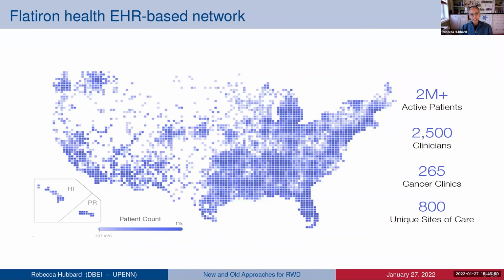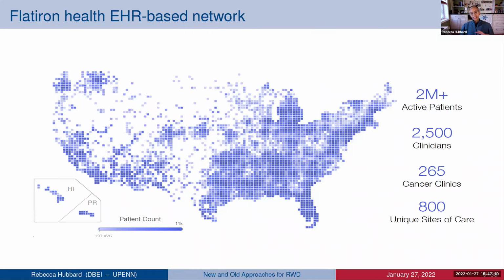The specific EHR data that motivated the clinical investigation, and that I'm going to use as the basis for the methods investigations that I'm going to show you coming up, comes from the Flatiron Health EHR-based network. So this is an illustration of the geographic reach of the Flatiron Health EHR network.